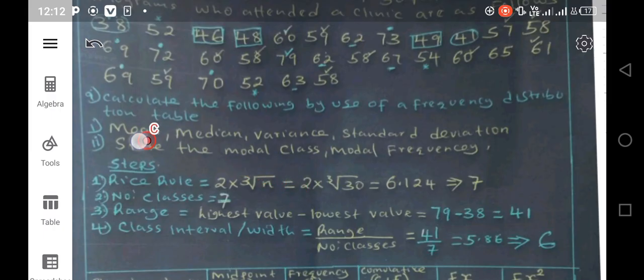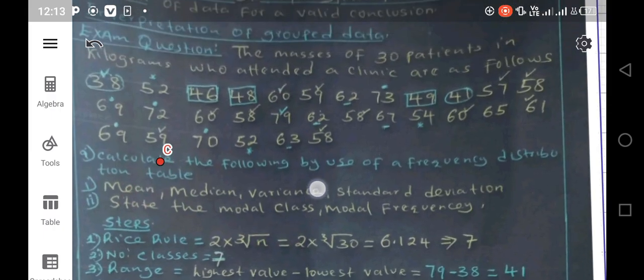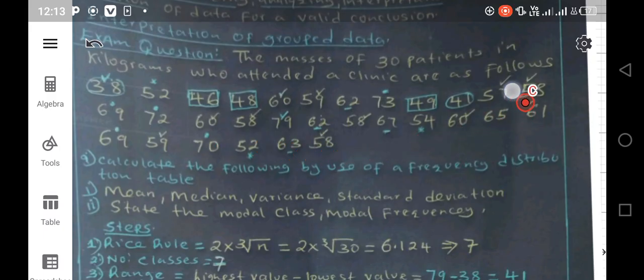Now, when you're given this particular data, like the mass of these 30 patients, what you do is group these masses into class boundaries. Class boundaries are going to be the range. For example, we can have the range, maybe 52 to 60. That's the range. So I'm going to group those numbers into class boundaries.